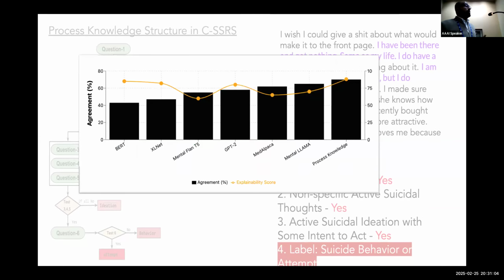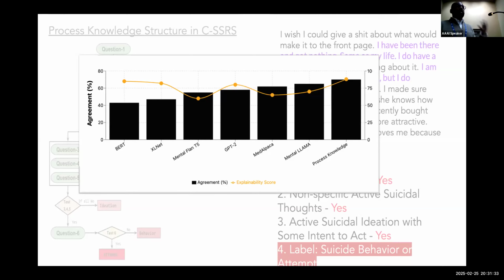Okay, another experiment that we performed on this design was on the agreement and the explainability score, where people agree more on the side of GPT-2's explanations and our process knowledge representation compared to GPT, considering the middle bucket and MentaLLaMA. So this was a very interesting insight from this work, because GPT-2 seems to be more interpretable in behavior compared to other gigantic LLM models.